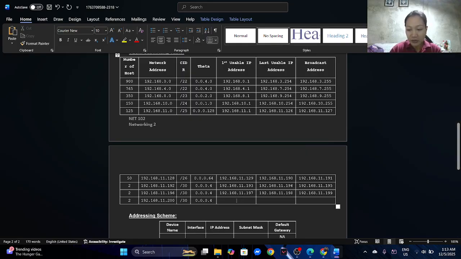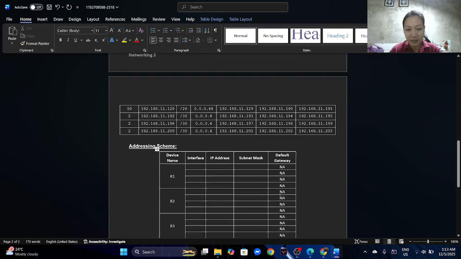For router 3, the first usable address would be 192.168.11.201. And last usable will be 192.168.11.202. And broadcast address will be 192.168.11.203.